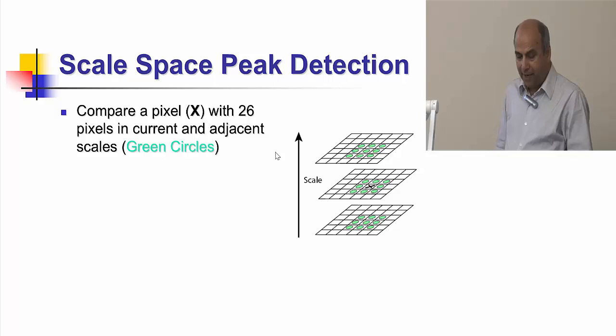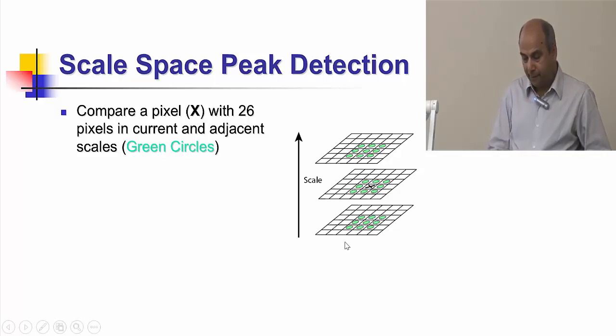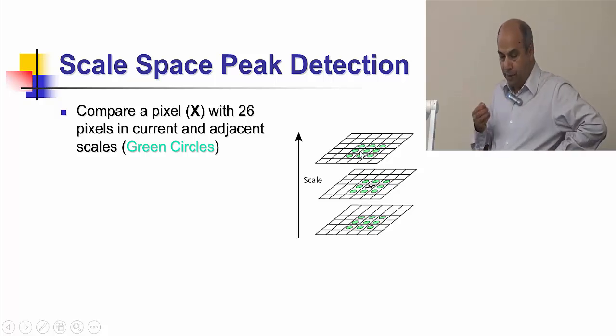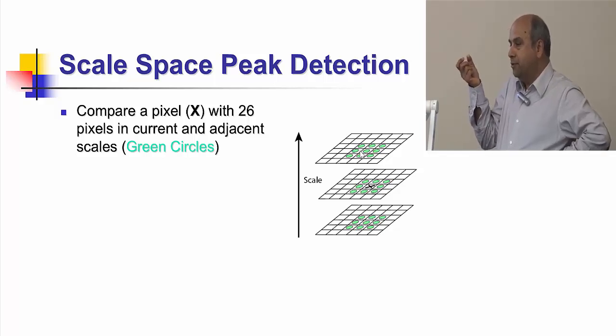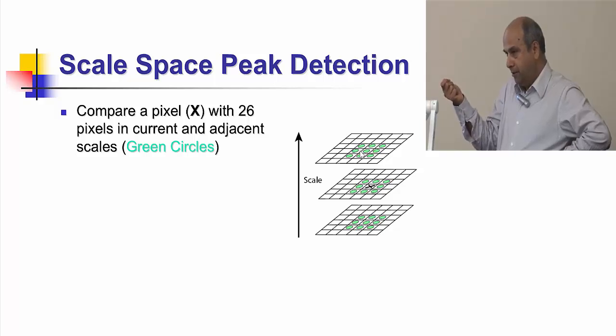Now suppose you have these 3 levels, and at each level you have some value. You want to determine if a particular pixel should be declared an interest point or not.